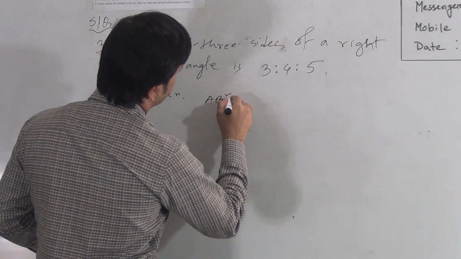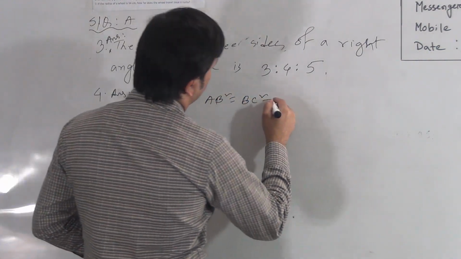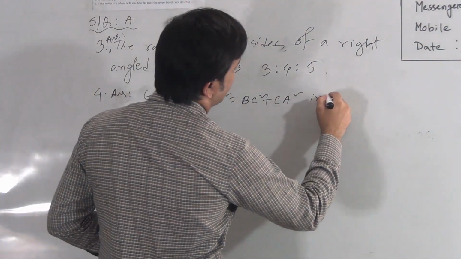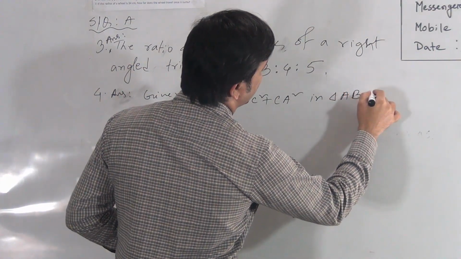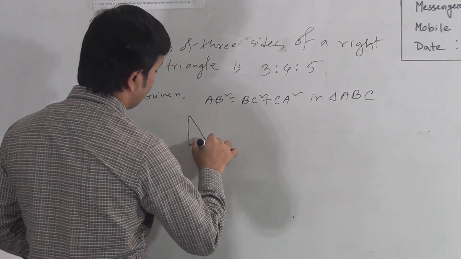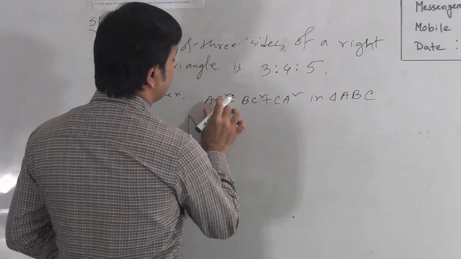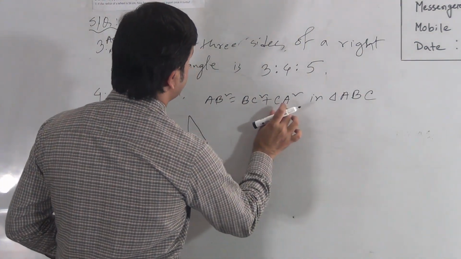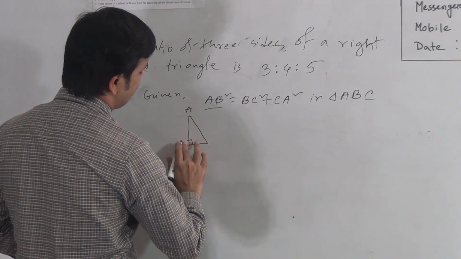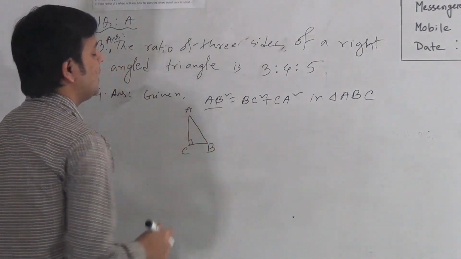AB square is equal to BC square plus AC square. So in triangle ABC. Now according to this given information, we can draw the figure. Here, as AB square equal to BC square plus AC square, so we can say AB is the hypotenuse and this is the right angle. AB is the hypotenuse and this is C.